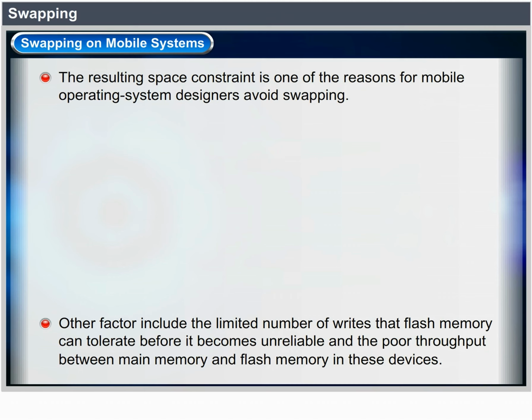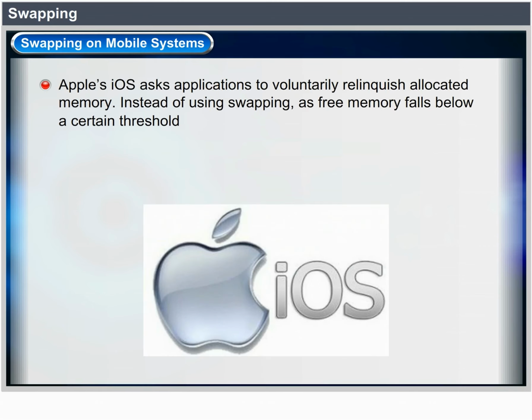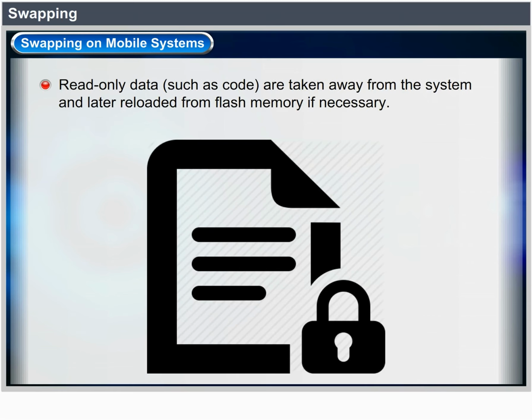Instead of using swapping when free memory falls below a certain threshold, Apple's iOS asks applications to voluntarily relinquish allocated memory. Read-only data, such as code, are removed from the system and later reloaded from flash memory if necessary.